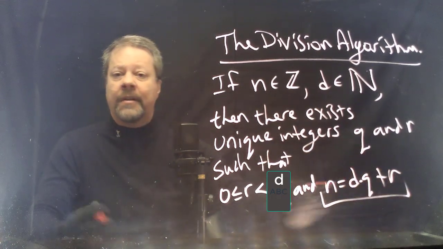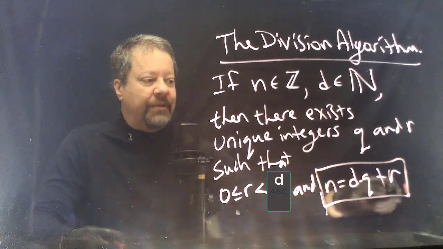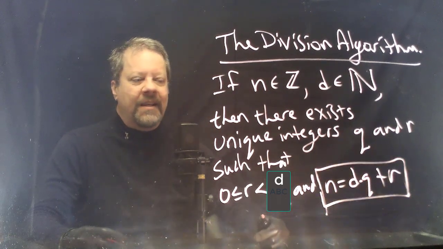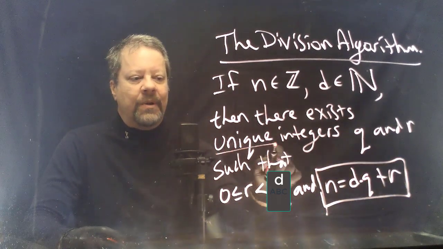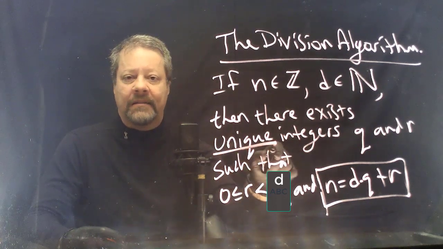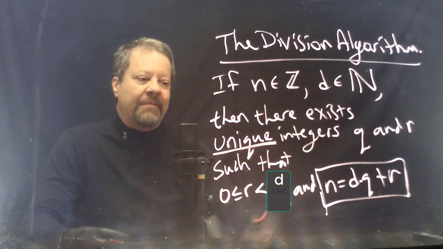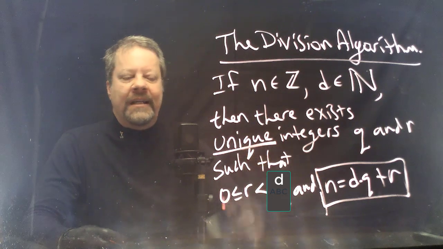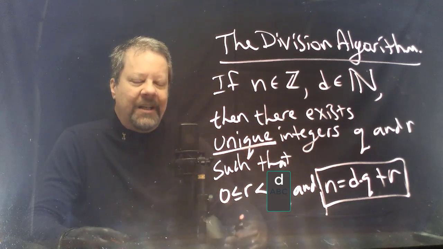In other words, the formula that we just wrote down a moment ago. The interesting part about this is the word unique. And so this will be an existence and uniqueness theorem that we need to prove.